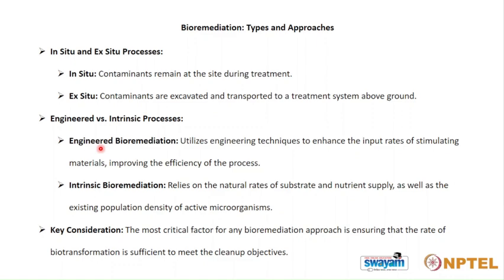In engineered bioremediation, the microbes are stimulated with scientific approaches, whereas in intrinsic bioremediation, the degradation or removal of contaminants happens at the natural rates of substrate and nutrient supply, and there won't be any influence of engineered processes. So this is how the bioremediation process can be classified.